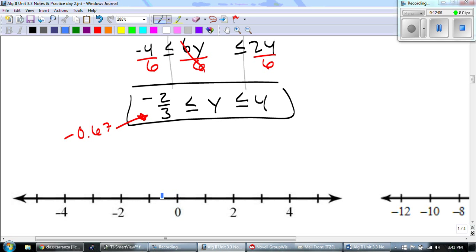So it's almost to 1. It's not quite at 1, okay? And we're closed, and then we're at 4. And when the variable is in between, or when this is in the middle, we shade the middle. Okay?